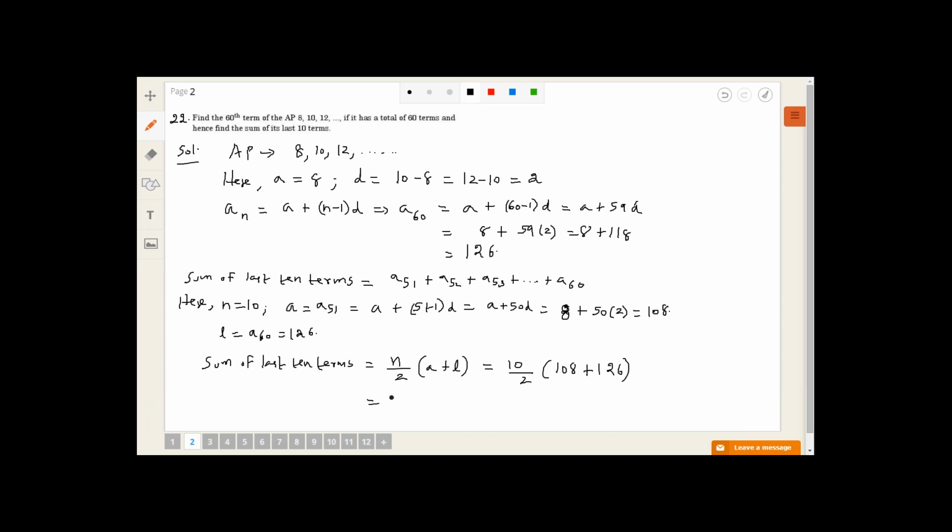So calculating, the answer will be equal to 1170. So the sum of the last 10 terms will be equal to 1170, and the AP as given is 8, 10, 12 with the first term as 8 and the common difference as 2.